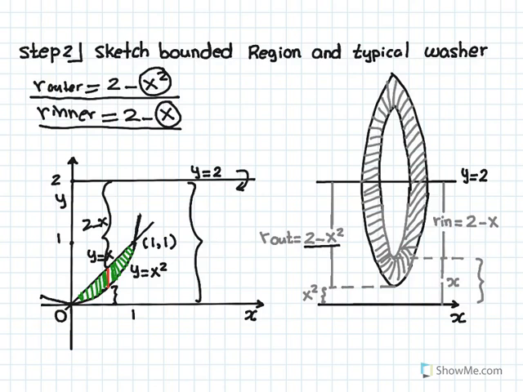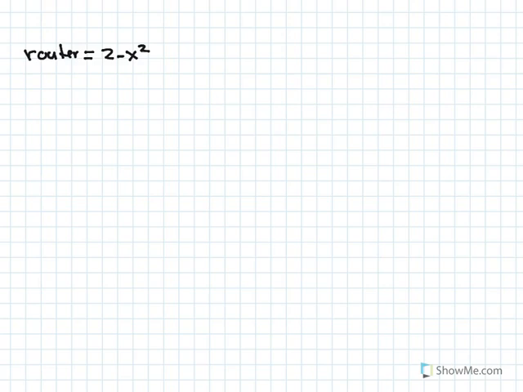That's this quantity here, 2 minus x squared, from here to here. That's the outer radius. The inner radius is 2 minus the y value corresponding to the line, so it's 2 minus x. The inner radius is 2 minus x, the outer radius is 2 minus x squared. So that's radius outer, radius inner is equal to 2 minus x.